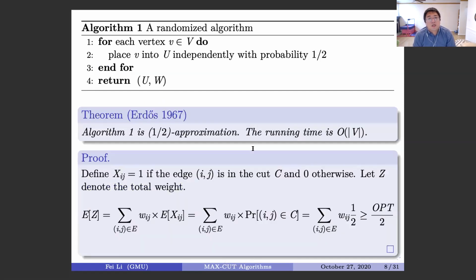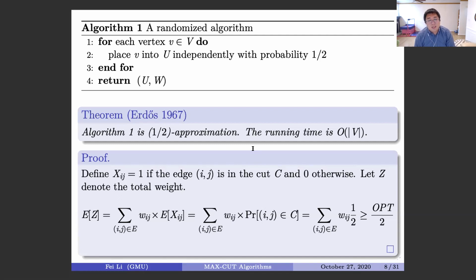So here is the first algorithm. It's a randomized algorithm. This is the bold algorithm, such that the algorithm itself doesn't rely on the problem very much, and it doesn't introduce much insight from studying the optimal solution.